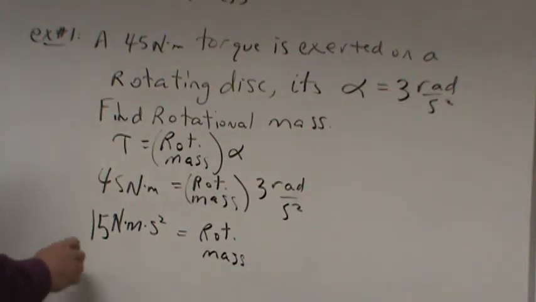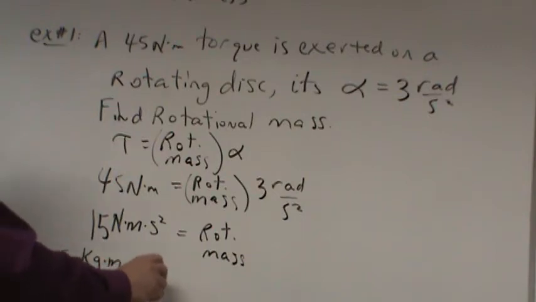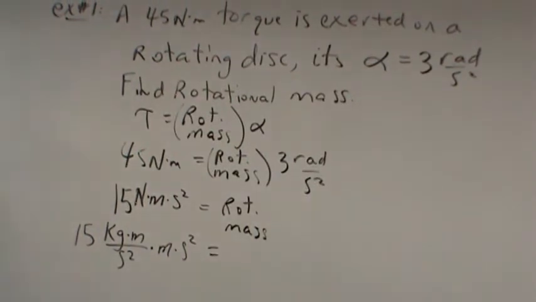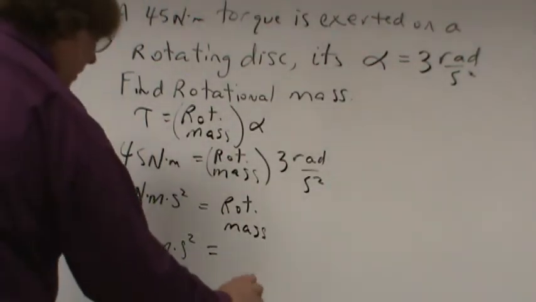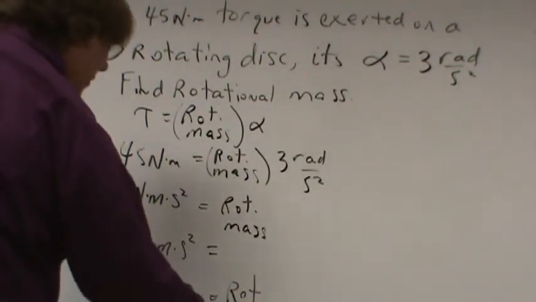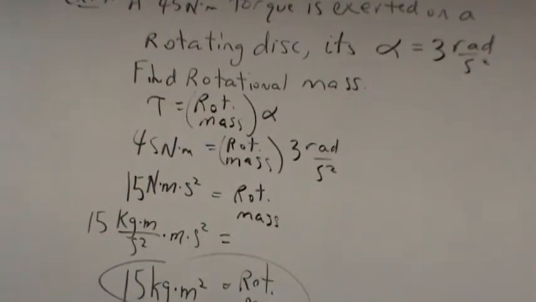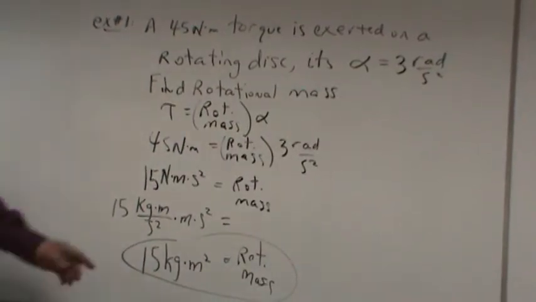Instead of Newton meters seconds squared, we can turn our newtons into kilogram meters over seconds squared, times meters times seconds squared. Now you'll notice the seconds squared cancel, and I get kilogram meter squared. And yes sirree, that's the units of rotational mass: kilogram meter squared. Okay, great.